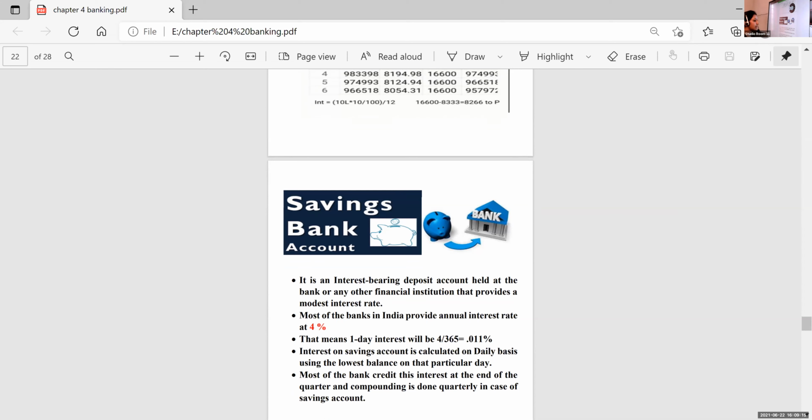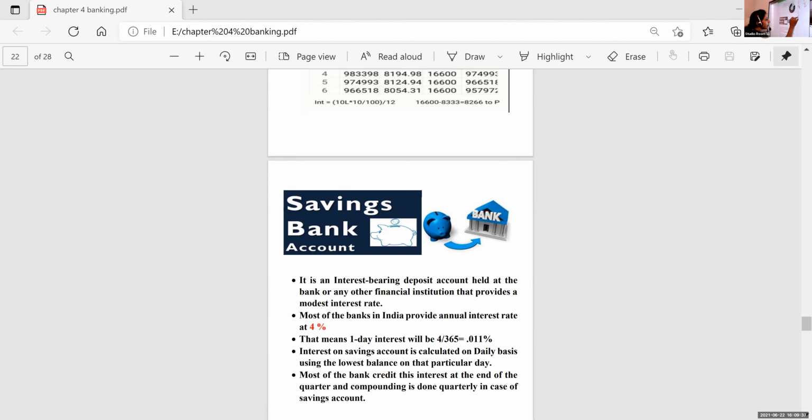In the savings account, the interest is calculated on a daily basis. So how do you find interest for 1 day? Let me repeat, to find out something quarterly, we go for 1/4. Half yearly, we go for 1/2.